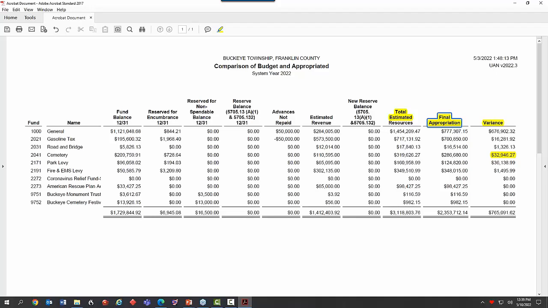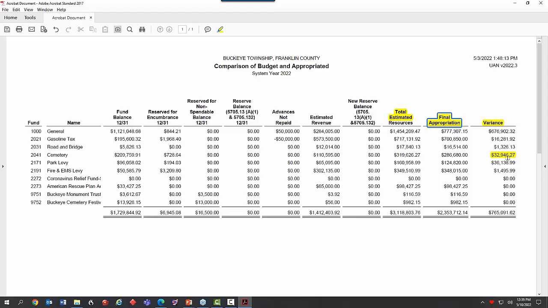So it'll help you when you're trying to do a purchase order like that large paving job we were doing in the middle of the year in a fund that gets money every month. You've got to plan your paving around when you will have the money to pay for it, or plan to do an advance and repayment. So I want to point out we do have a variance to appropriate, but I would also be looking at the fund status to see if the cash is in the fund.